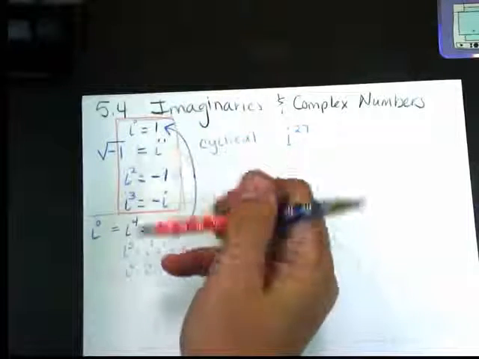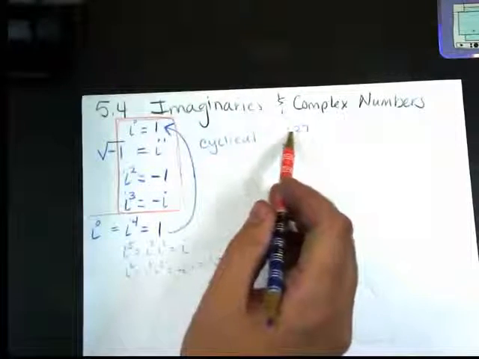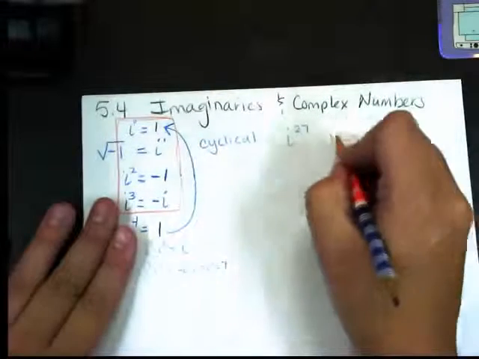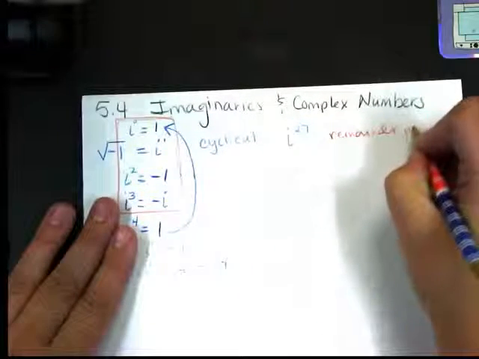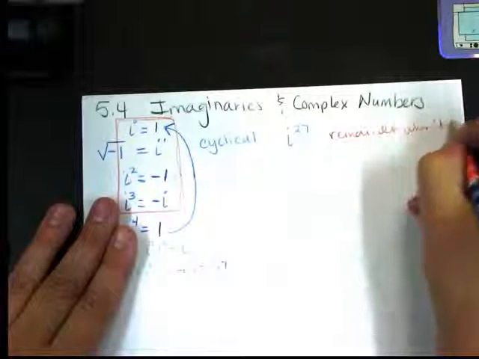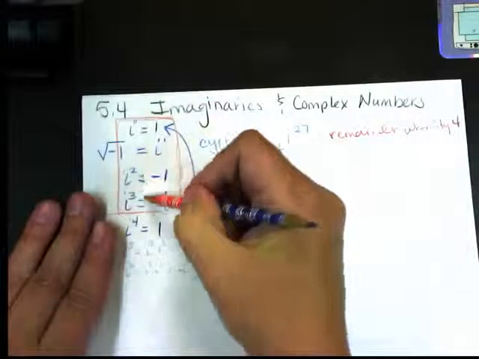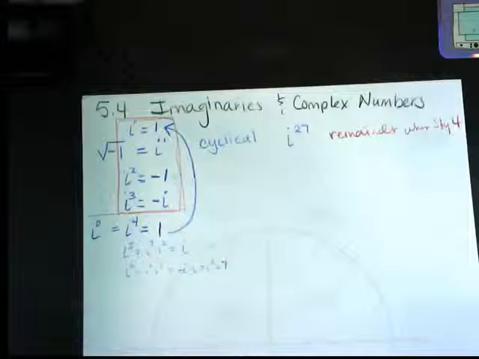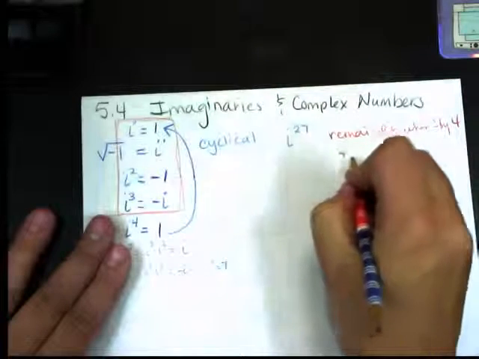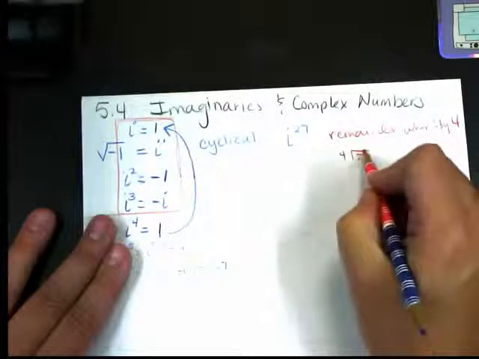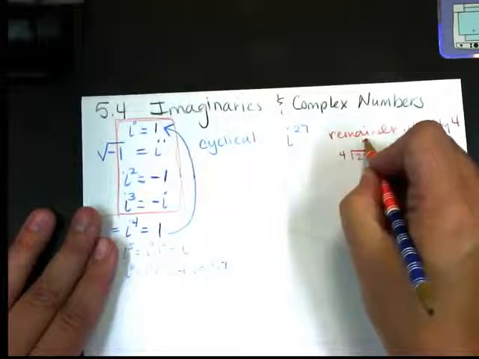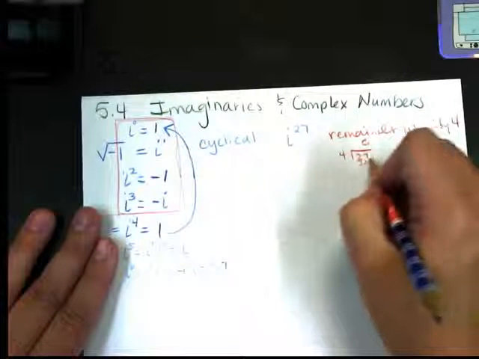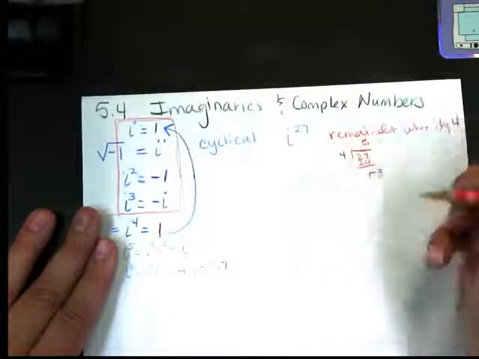But I really don't want to count up to 27. So what I look at is the remainder when dividing by 4, because that's how many there is. And I would go, okay, 4 goes into 27 6 times, and I get a remainder of 3.